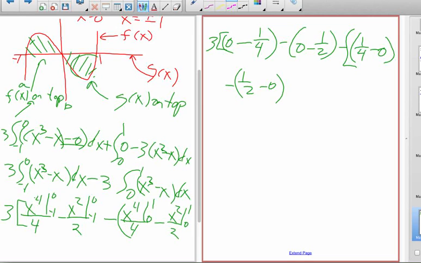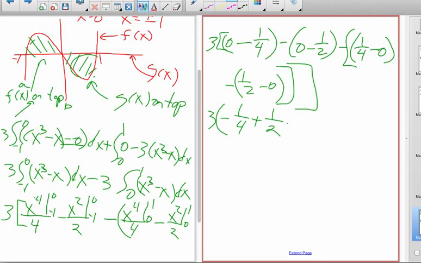And so now I come back in and I'm going to distribute all of this stuff. So I'm going to have 3 times 0 minus 1/4 is going to give me -1/4 minus a -1/2 is going to give me a plus 1/2.